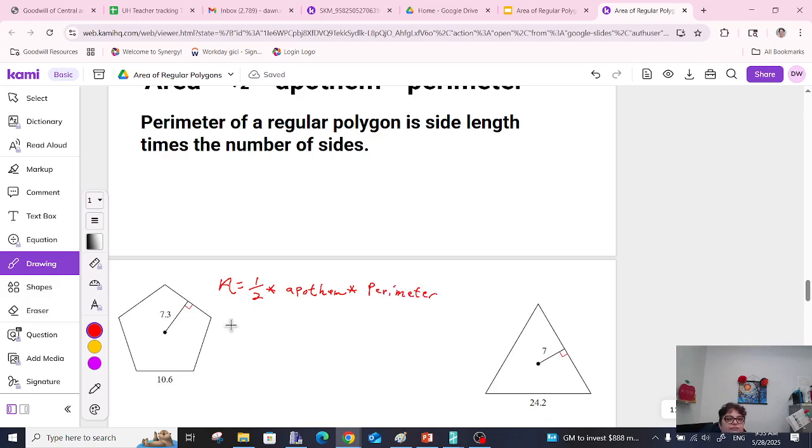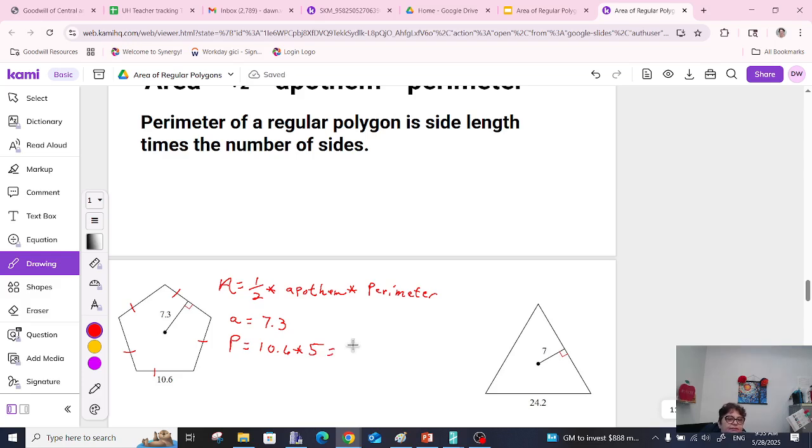So, what's the apothem? 7.3. And it didn't give us any units. What's the perimeter? Perimeter I have to calculate. It's going to be 10.6 times what? Times 5. Because it's all the way around, so it's the side length times the number of sides. And there were 5 sides here.